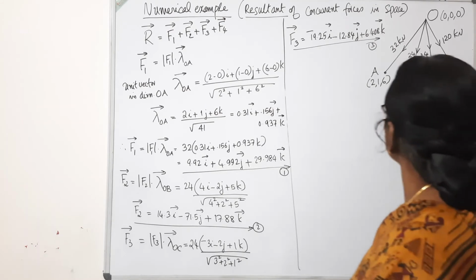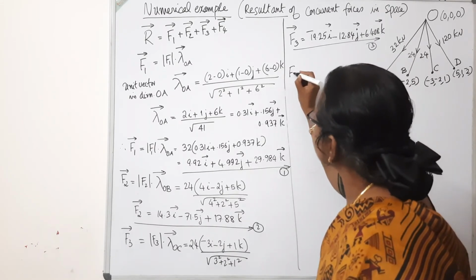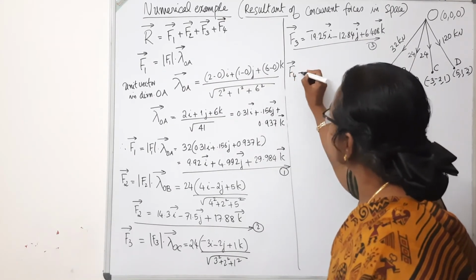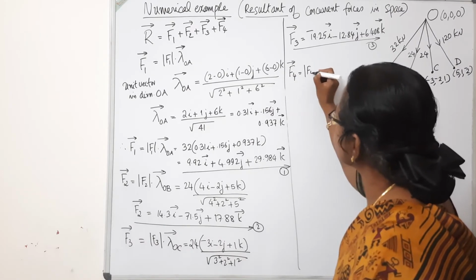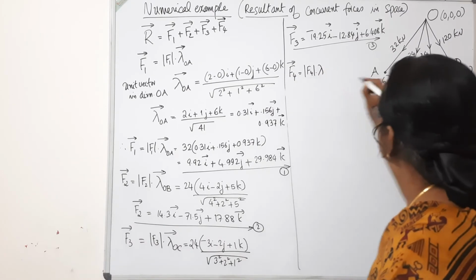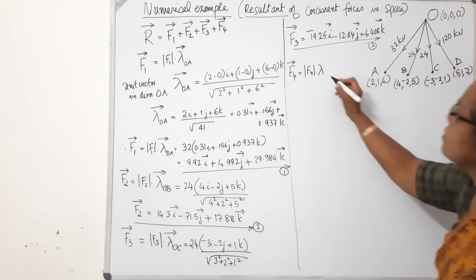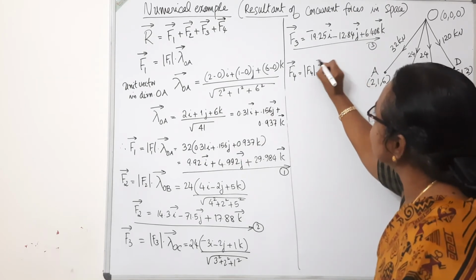Similarly, get the fourth vector F4. F4 is obtained by the modulus of the fourth vector into the unit vector in this direction OD.